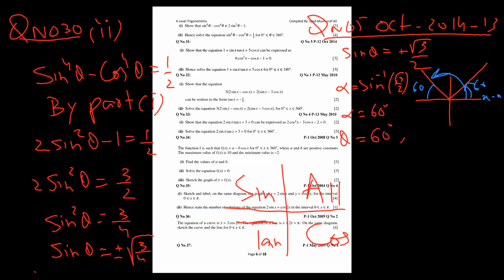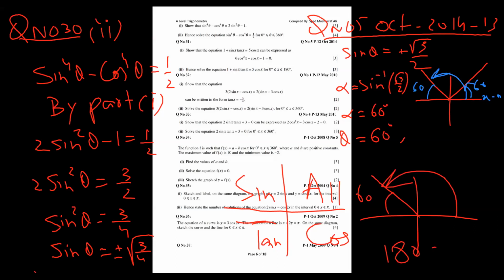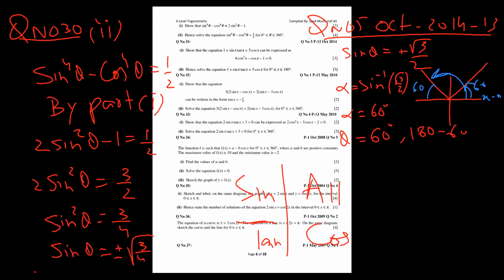Second answer, if this is 60 degrees but I need this angle, we say 180 minus 60. I'm writing here 180 minus 60, and I'm going to finish my question, don't worry. So I got 2 answers, 60 degrees and 120 degrees. That's it, we're done.